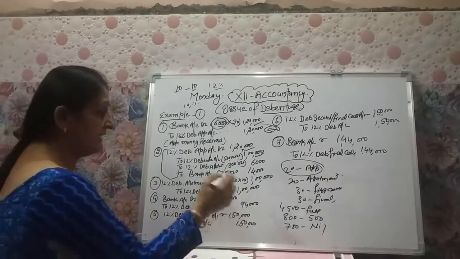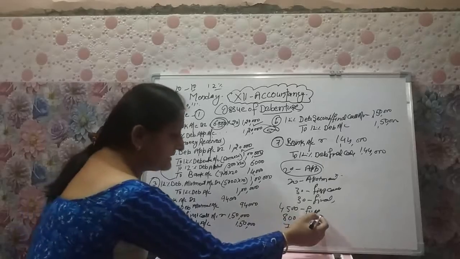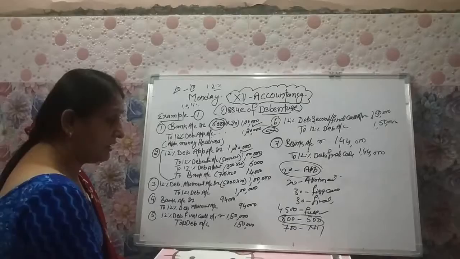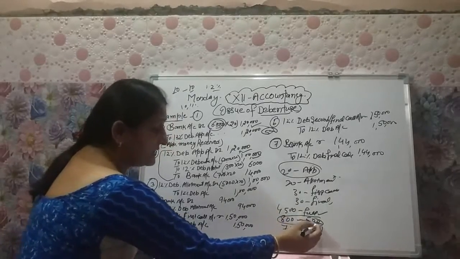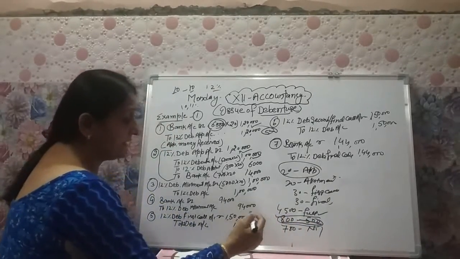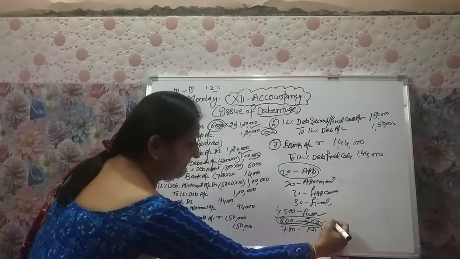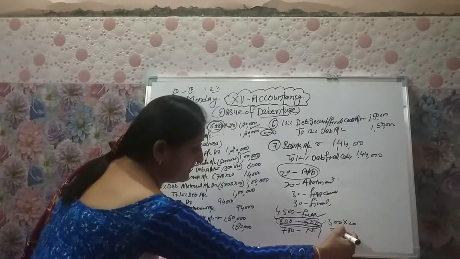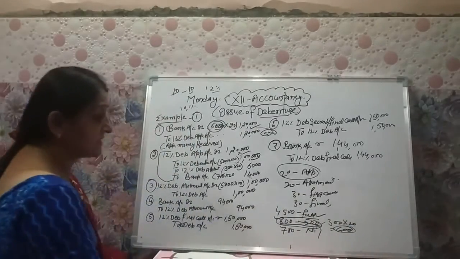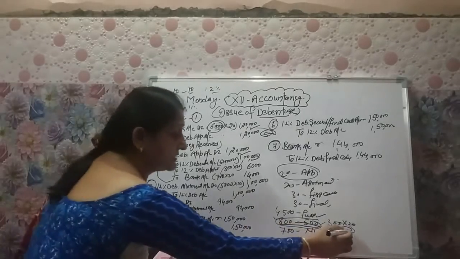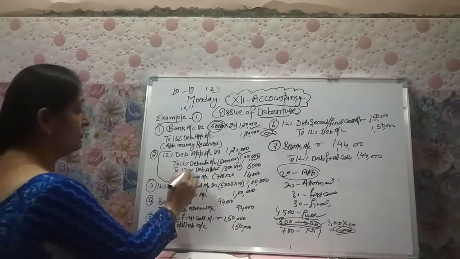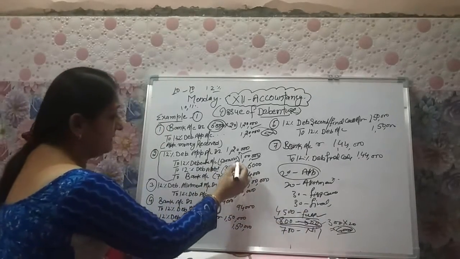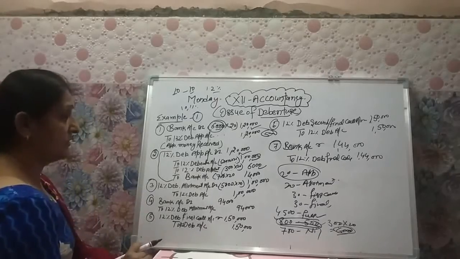Now the excess money is adjusted towards the allotment. Here for the category of 4,500, they received full, so there is no problem at all, but the problem arises in which the debenture holder applied for 800 debentures but the company gave them 500, so there is an excess of 300 debentures, and 300 multiplied by application money 20, so 6,000 rupees is excess received by the company. This is to be adjusted on the allotment. So to 12% debenture allotment account, 300 is the excess debenture, 300 multiplied by 20, 6,000 adjusted on allotment.